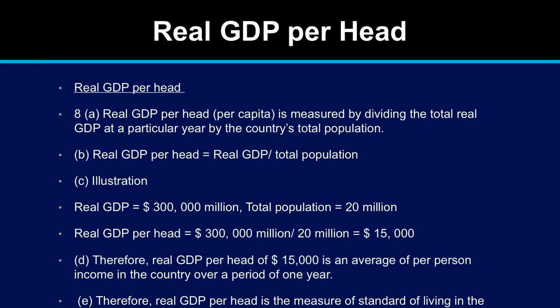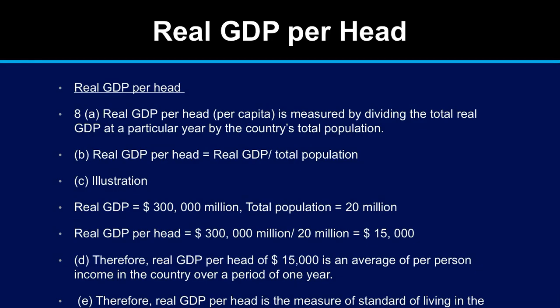Right, next, real GDP per head. Another name for real GDP per head is real GDP per capita, per person GDP. So it is what we call the income per person.